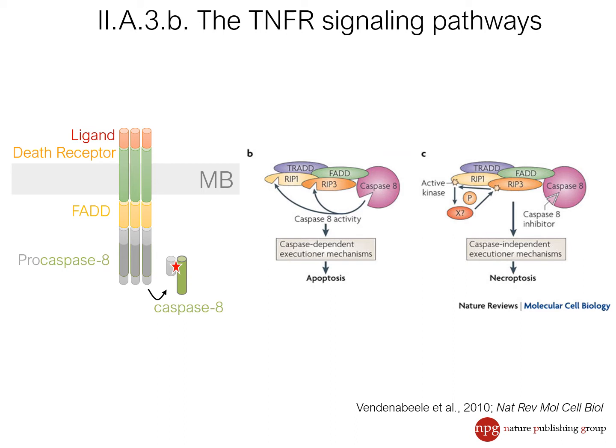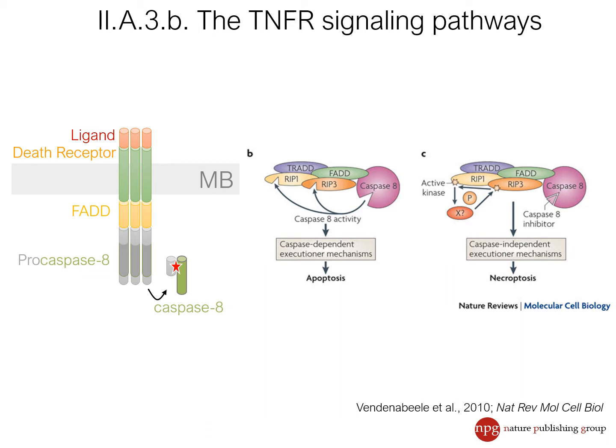And here we have a diagram of the tumor necrosis factor receptor signaling pathways. The first scheme is what we've seen for the activation of the extrinsic apoptotic pathway, in which we have a ligand and a receptor that is linked in the intracellular space with a pro-caspase, and upon binding of the death ligand, caspase 8 gets activated.